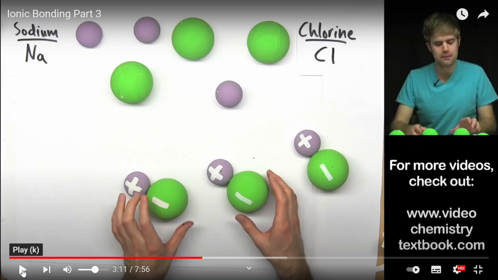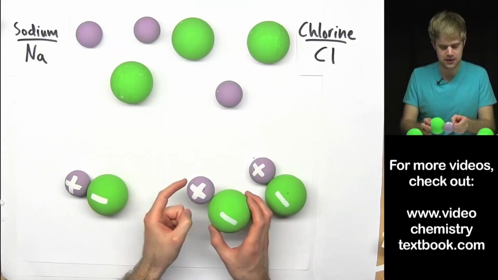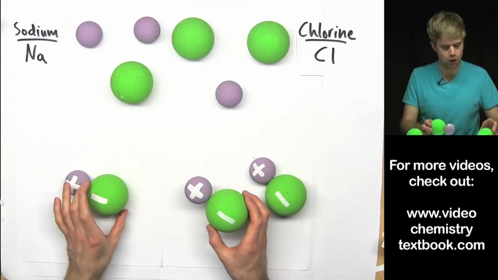These guys wouldn't stay separate. This is super important. They wouldn't stay separate because opposite charges attract not only in groups of two. This positive and this negative, they're attracted to each other, but this positively charged sodium will also be attracted to this negatively charged chloride over here. So these two things are going to end up connecting to each other because of that attraction.